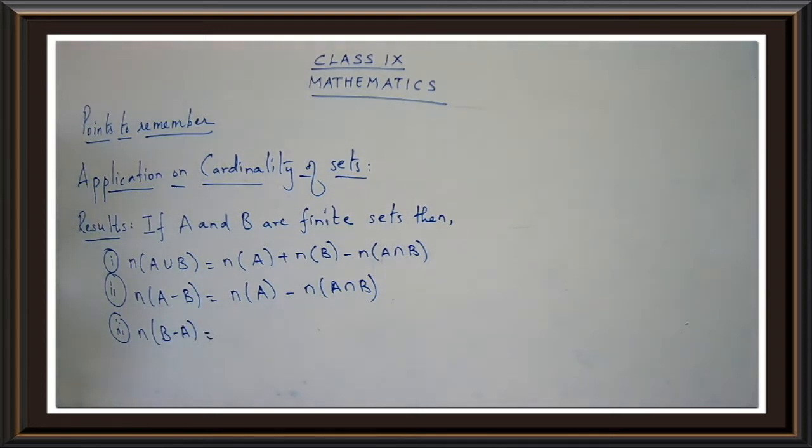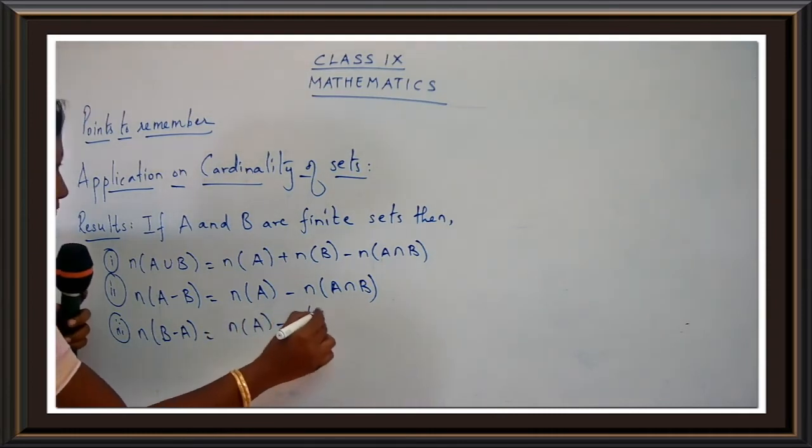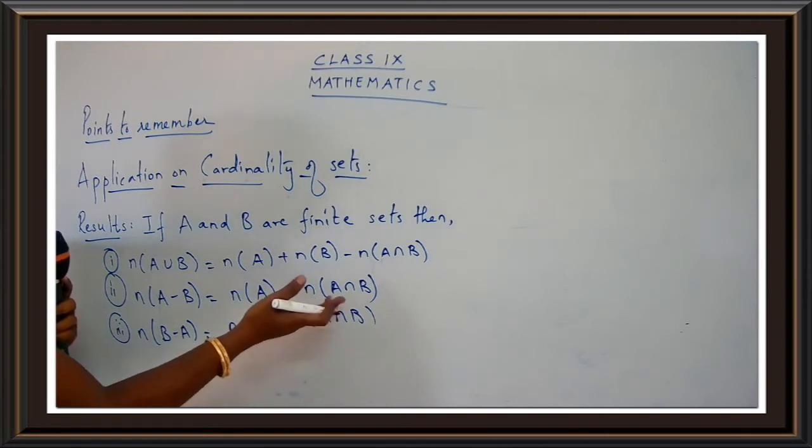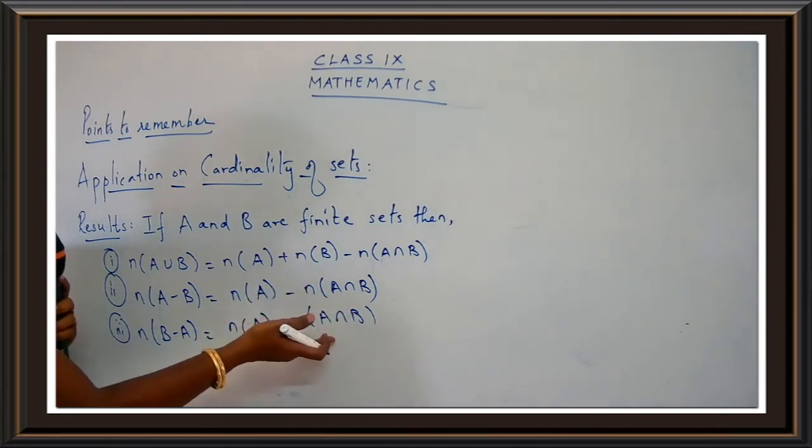Just change the A in terms of B. Like here we had A minus B, so we wrote A and A intersection B. So it's B minus A. So how are you going to write down? N of B minus n of A intersection B. Here this part remains the same. So no need to write down B intersection A. You can keep it as A intersection B.